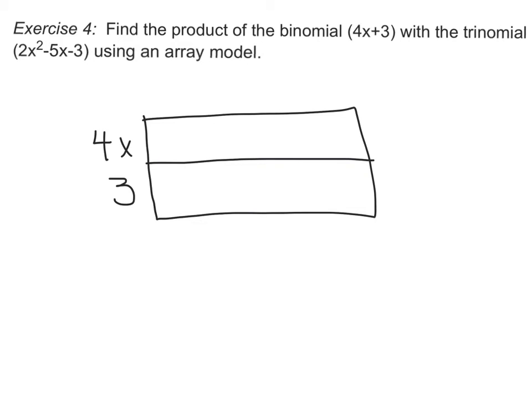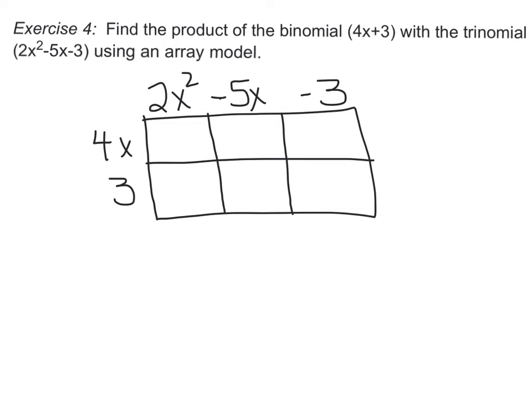For my trinomial 2x squared minus 5x minus 3, I need to make 3 columns in my array. So the 2x squared, the negative 5x, and the negative 3 go along the top, right on top of those 3 columns. Let's go ahead and multiply then.